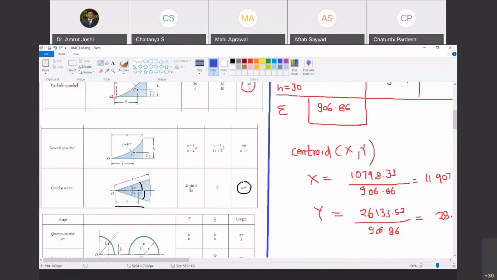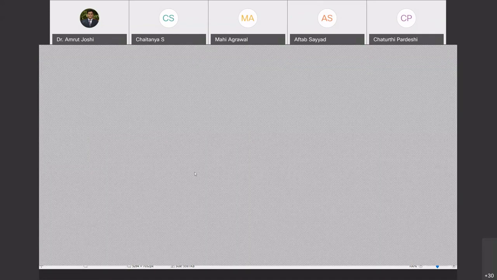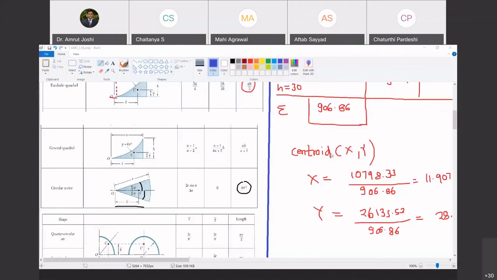No, it cannot be 2r sine alpha into 3 alpha. Centroid of sector. Just give me a second. It is upon 3 alpha.